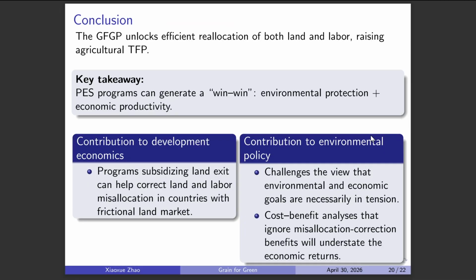To conclude, all our results present a highly consistent story. They suggest that in a developing setting with a highly frictional land market, it's possible for an environmental program that subsidizes farmers for exiting their land from cultivation to correct pre-existing inefficiency in both households' labor and land allocation decisions, and therefore deliver economic benefits to participant households that do not necessarily need to come at the expense of the program's environmental effectiveness.